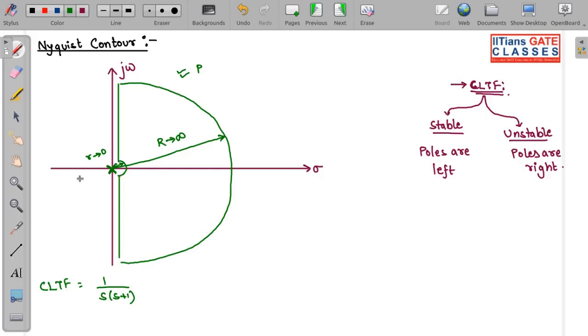Because we know for such a pole zero plot, our CLTF is stable, because all the poles lie in the left hand side, and if we write the impulse response, it will be equal to e to the power minus t u(t). So this is a stable impulse response. That is why, with the small semicircle, we are removing all the poles that are at the origin.